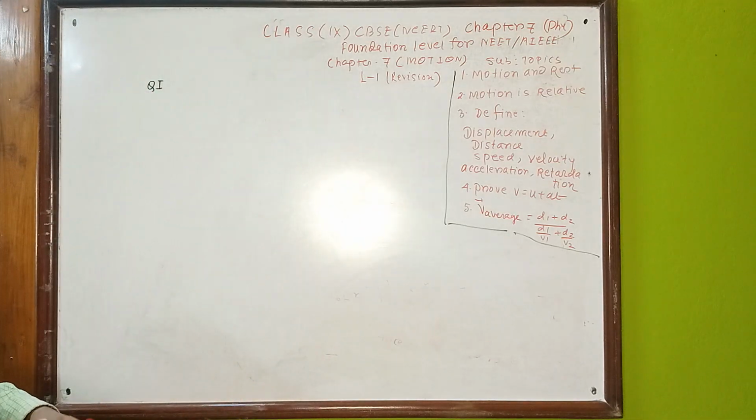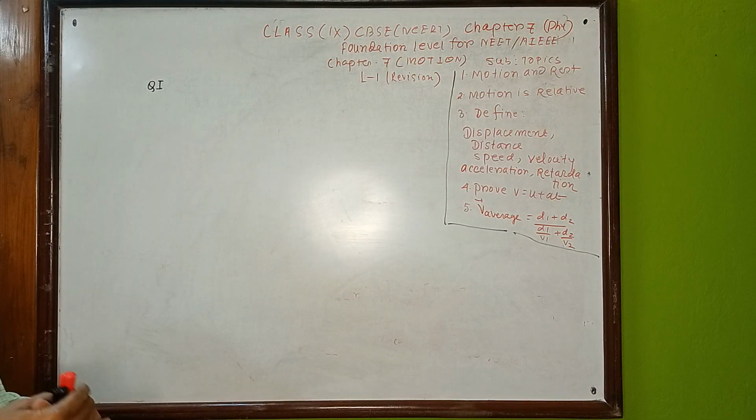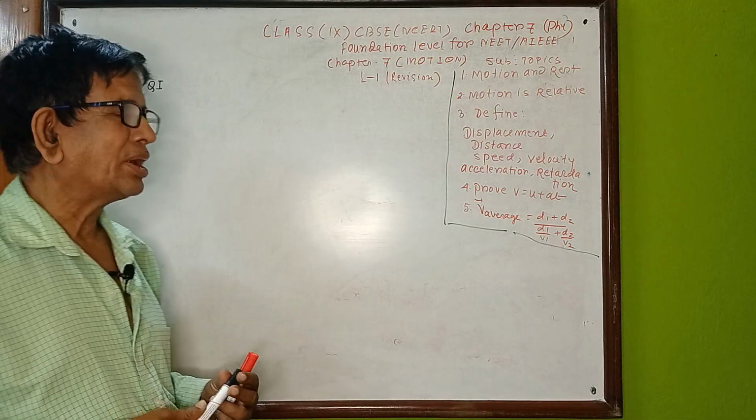So today my topic is motion, that is included in chapter number 7 of the NCERT book, physics part, motion and rest. Motion is relative. Define displacement, distance, speed, velocity, acceleration, retardation, proof v equal to u plus at, and average velocity.